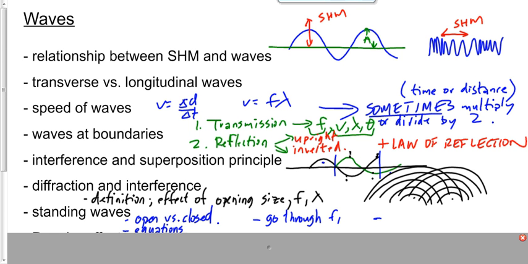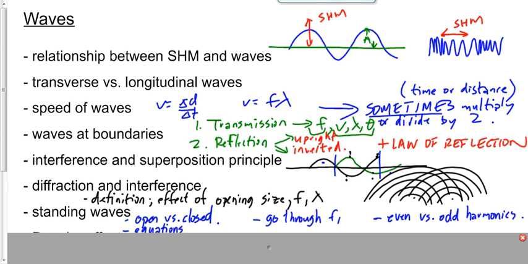And also remember the last thing: even versus odd harmonics. You always have the odds. You always have the first, the third, the fifth, the seventh, and so on.